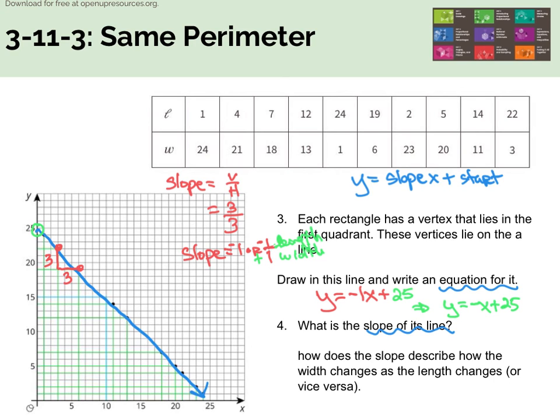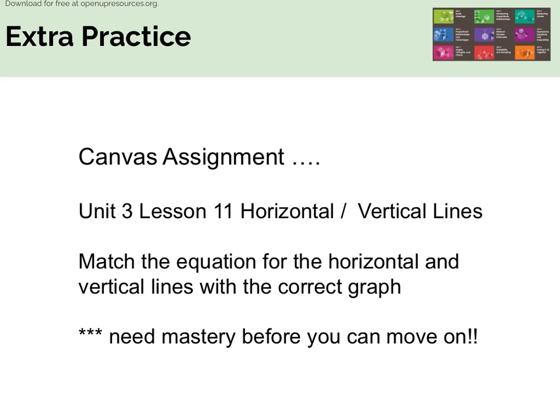All right, so we'll write an equation for our story. We're dealing with rectangles, but we're working along with it. To help us out for today, there are two Canvas assignments. One is Unit 3, Lesson 11, horizontal and vertical lines. We need to understand what those horizontal and vertical lines look like and how to write the equation.